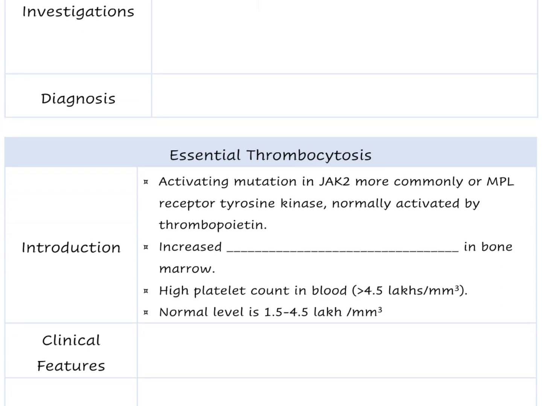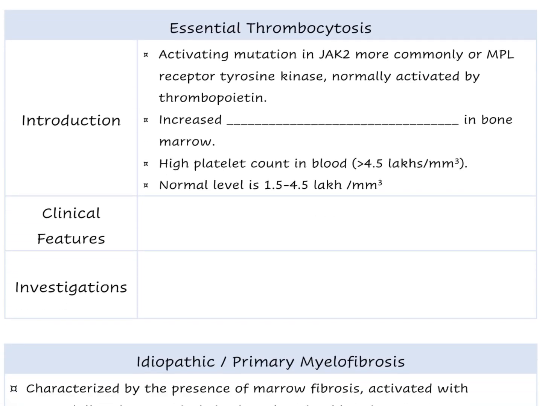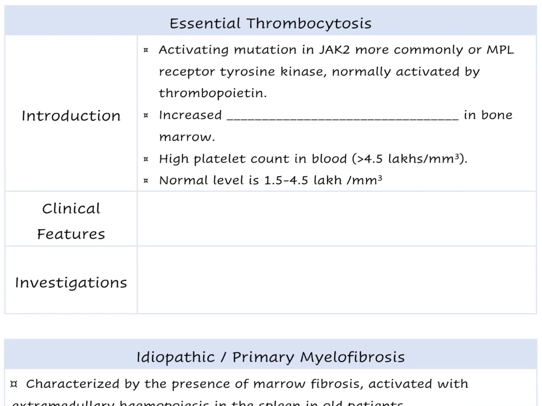Essential thrombocytosis: all of these myeloproliferative disorders are caused by activation of the JAK2 gene. So again over here you will have mutation in the JAK2 gene, more commonly MPL receptor tyrosine kinase, increased megakaryocytes in the bone marrow, high platelet count, and normal is 1.5 to 4.5 lakh per millimeter cube. Clinical features are non-functioning platelets. As a result of that, the bleeding time is increased post-trauma.